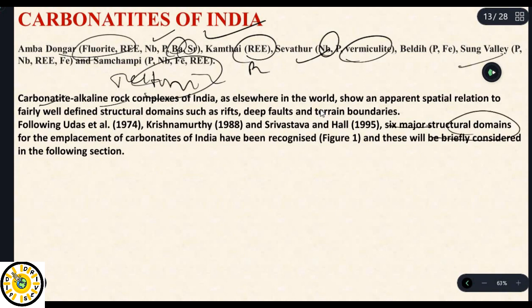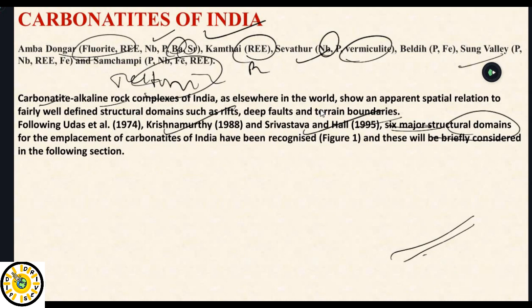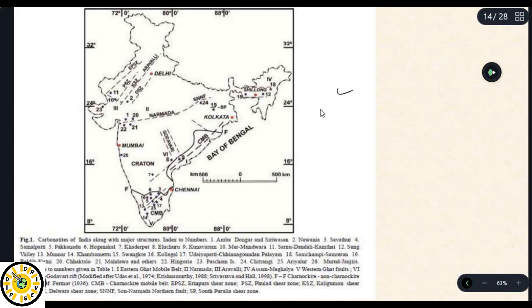Six major structural domains were given by the Srivastava and Hall 1990 paper and the Krishnamurthy 1988 paper. According to the Krishnamurthy 1988 paper there are six major structural domains, like the Rift Valley, Damodar Valley, and many others. Carbonatites are distributed according to these.